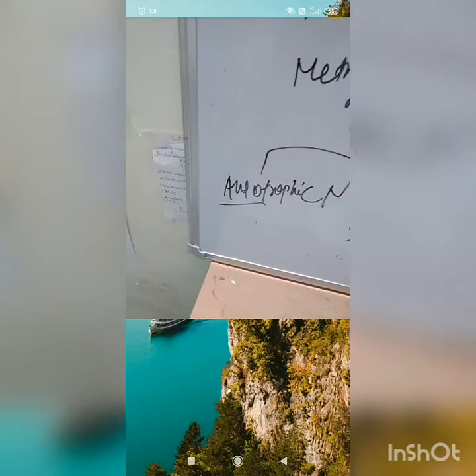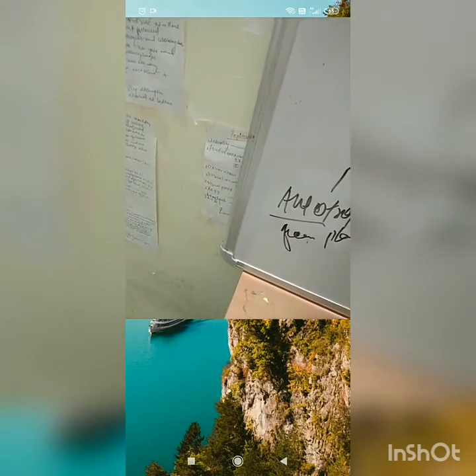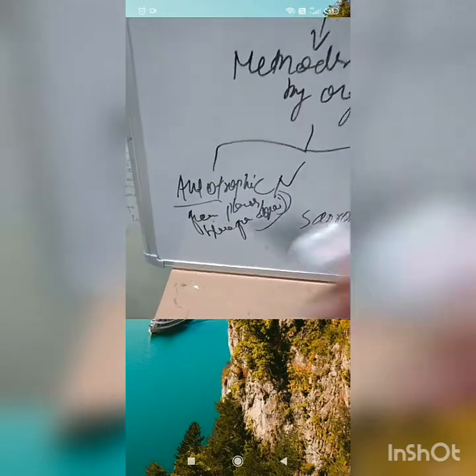Before we go further, I would like to talk about the autotrophic mode of nutrition. It is a mode of nutrition by which green plants and blue-green algae, which are autotrophic organisms, are able to synthesize food on their own, without depending on the external environment or on other organisms.